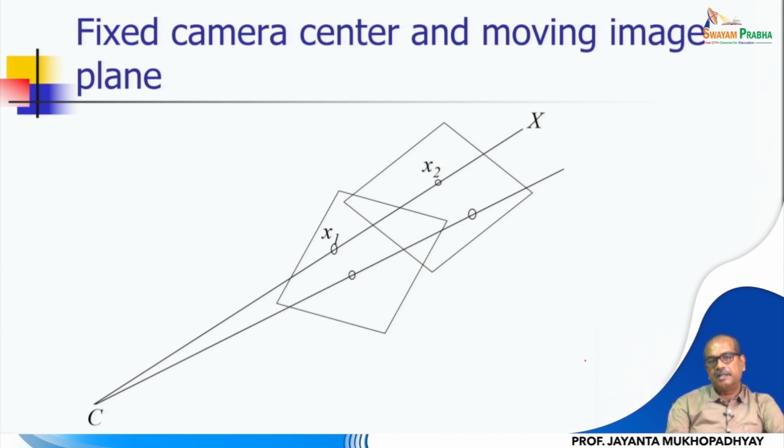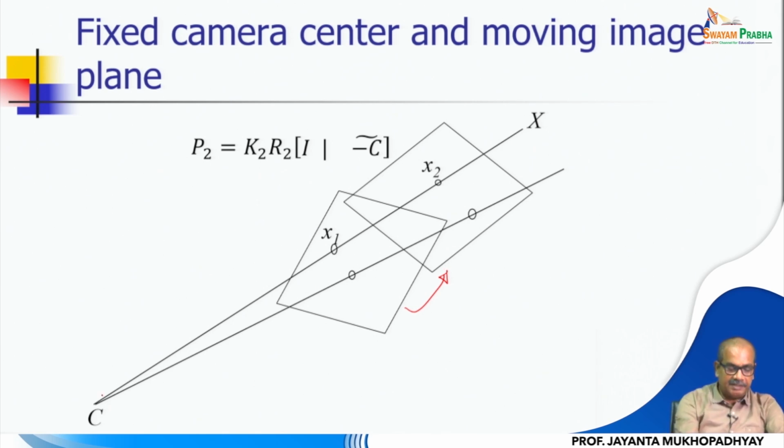Each of them will have a projection matrix. With the camera center fixed, this image plane and this image plane give you two different projection matrices, say P1 and P2, and there are parameters associated with them.